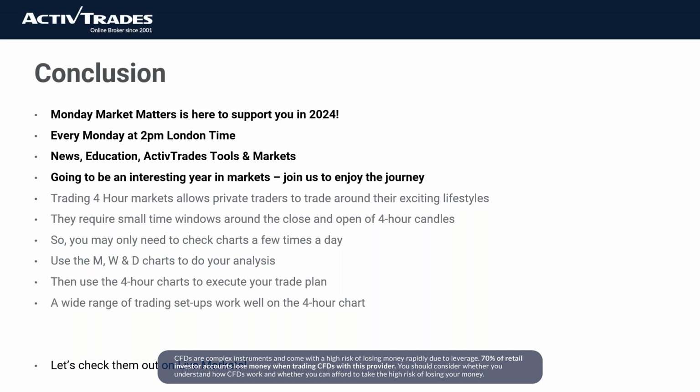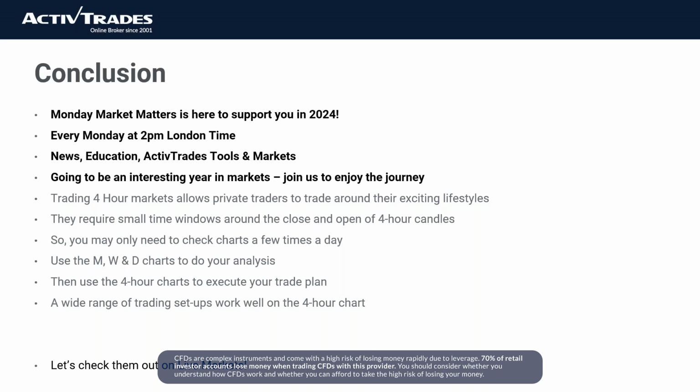So trading 4-hour markets allows private traders to trade around their exciting lifestyles, and it means you require a small time window around the close and the open of those 4-hour candles. So you may only need to check charts a few times a day, but still use the monthly, weekly and daily to do your analysis to make sure you understand the big levels, and then you can use your 4-hour charts to execute your trade plan.